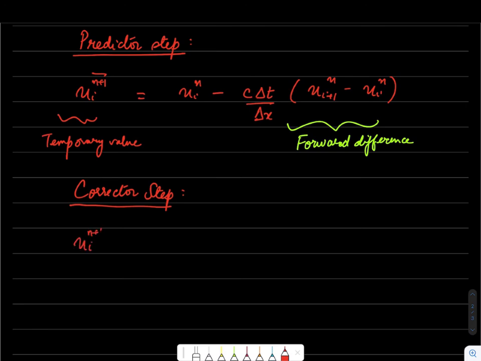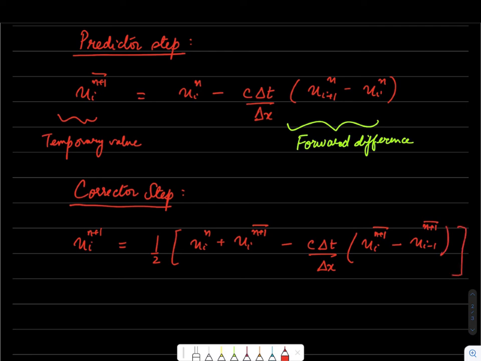So u_i^(n+1) is half of (u_i^n + u_i^(n+1) bar) minus c Δt/Δx (u_i^(n+1) minus u_(i-1)^(n+1)), where if you now note, a backward difference has been used with the convective term. So the predictor step uses forward and the corrector step uses backward difference.